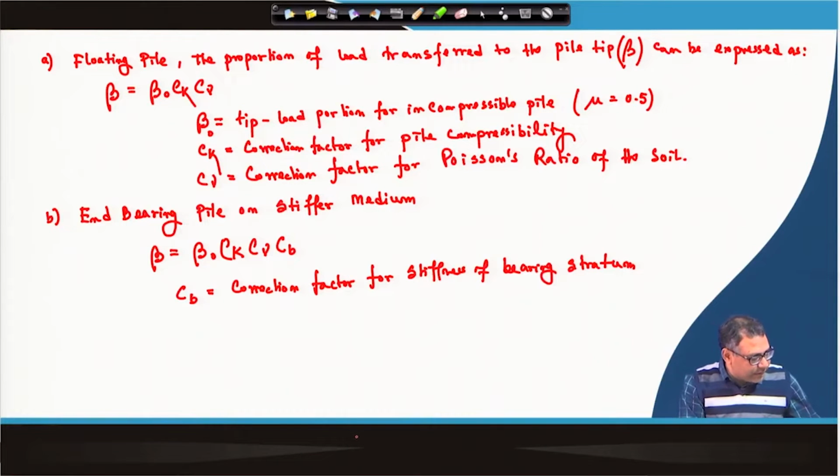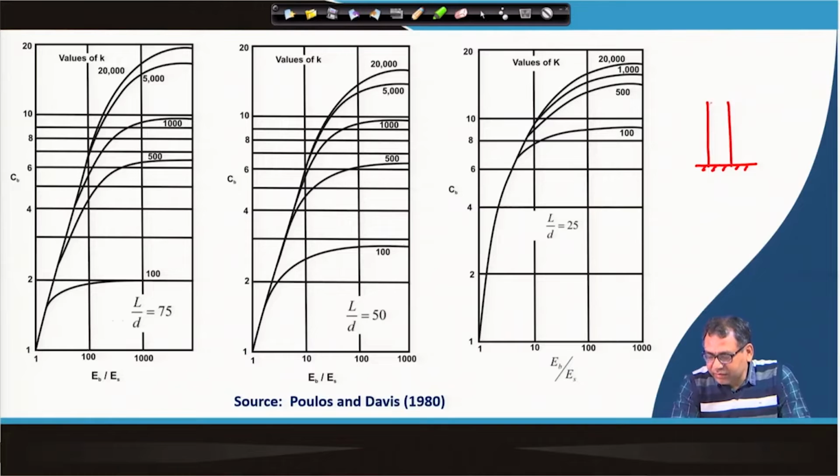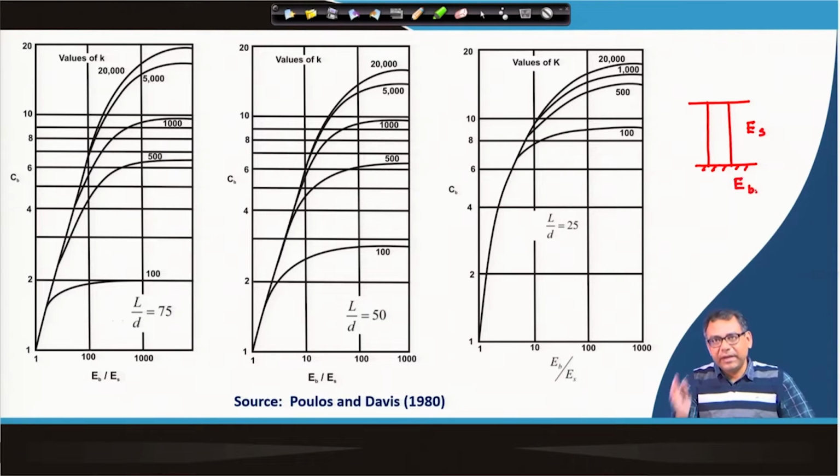Okay, so, how will I get this C b value? I will get the C b value by using this expression. That means here the pile is on the bearing strata or a stiff strata, stiffer boundary, where this is the E s and this is the E b, or the base soil where the pile is resting.